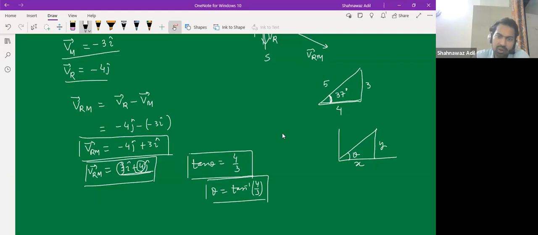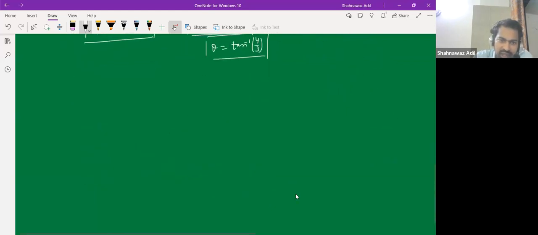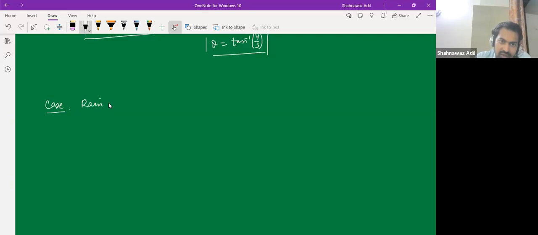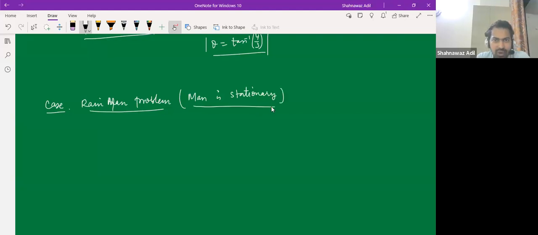Okay. Now we have another case. This is also the rain-man problem. But in this case, the man is stationary, so we will not use the relative velocity; we will use the resultant velocity.